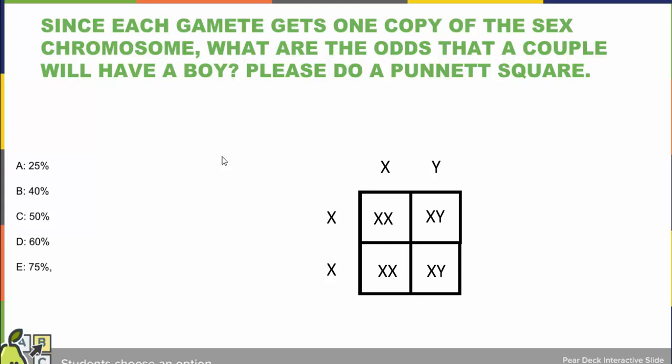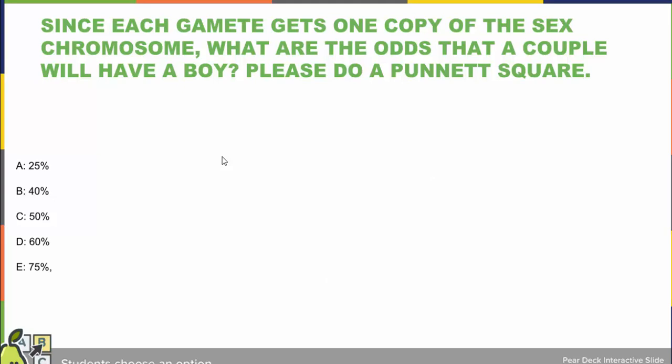The males are the ones that can either supply the X or they can supply the Y. So about half of sperm are going to have an X in them, and if one of those sperm is the winner that fertilizes the egg, it's going to become a girl. And the other half of the sperm are going to contain a Y, and if those sperm are the ones that win and fertilize the egg, then the child will become a boy, at least biologically female, biologically male.